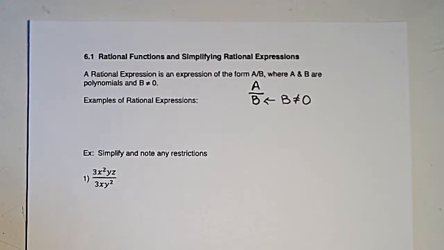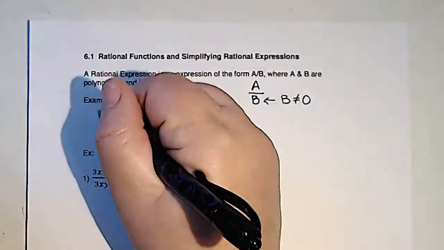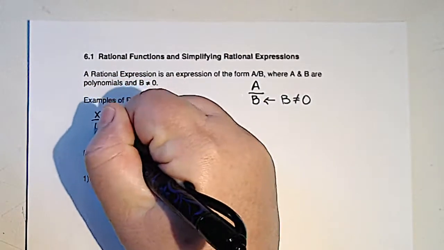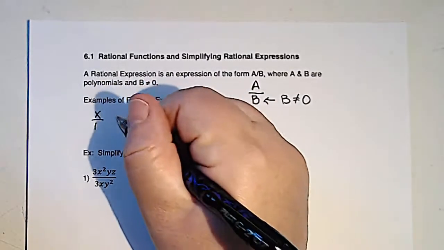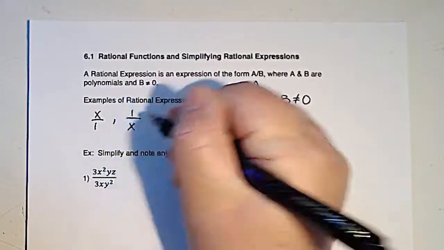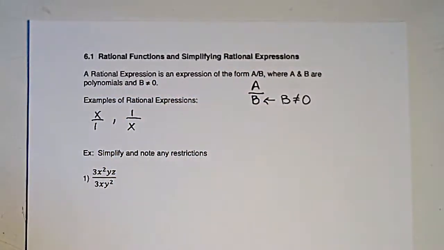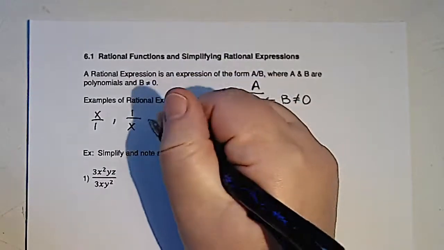So examples of rational expressions can be as simple as you'd like. For example, technically speaking, x over 1 qualifies, although people would probably be a little cranky about that. Better examples would be 1 over x. This is starting to get meaty. You've actually got something interesting in the denominator.